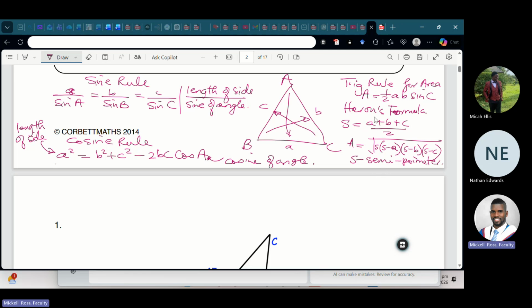All right. So these formulas are used when you're calculating area. So we're going to look at when to use them, right? Based on the question that we're working with.